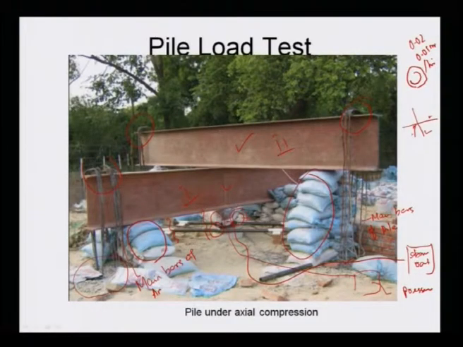So that means once you have applied, suppose 10 ton per meter square or 10 kg per centimeter square, you continuously apply pressure through this hydraulic jack and measure the displacement by means of the dial gauge. The displacement is increasing, you just record it and wait.